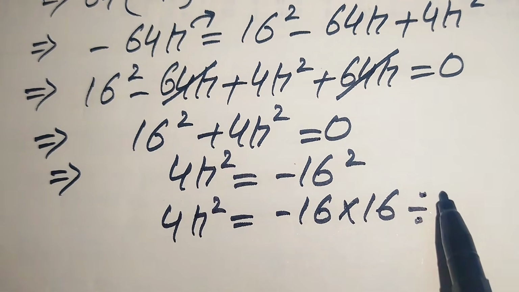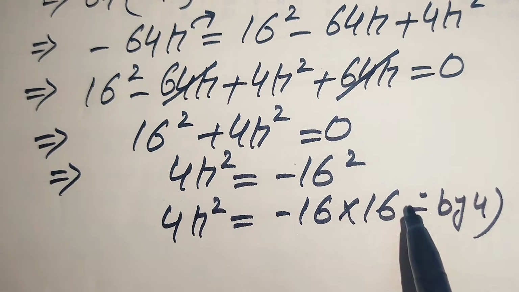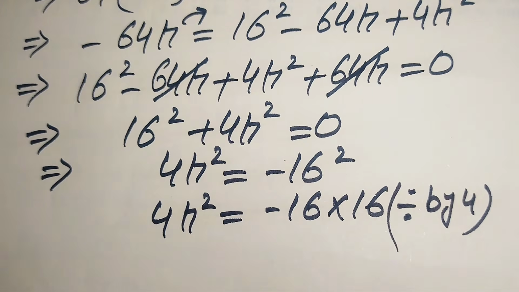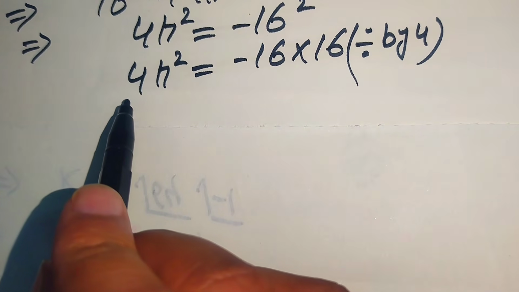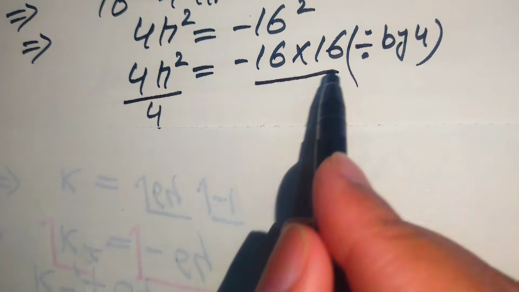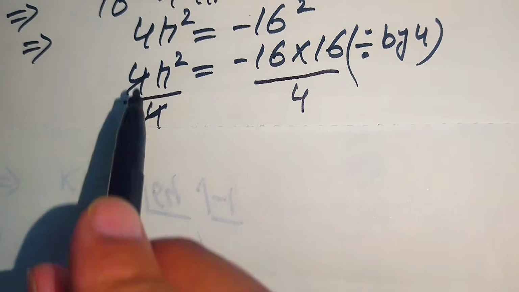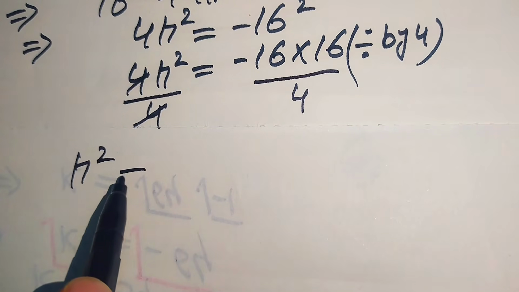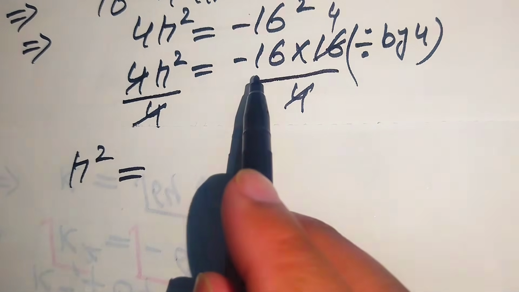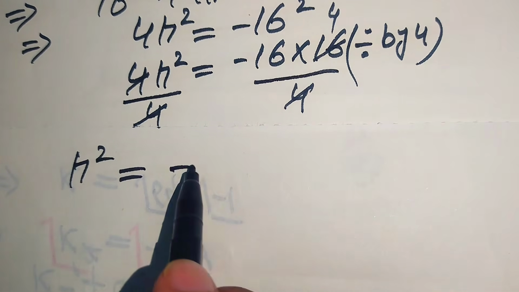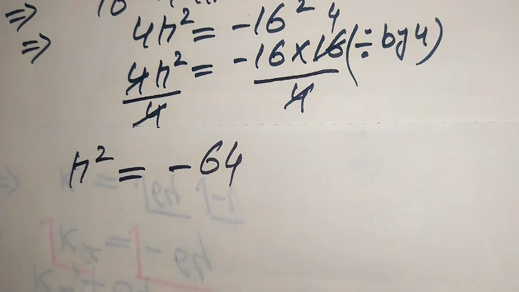Now we divide both of the sides by 4 in order to remove the 4 from the left hand side. This 4 and this 4 are gone, and we get h square is equal to 4 times 16 becomes 64, so minus 64.